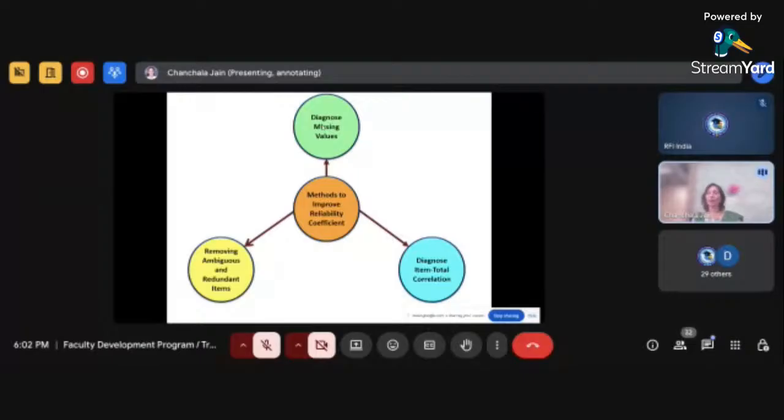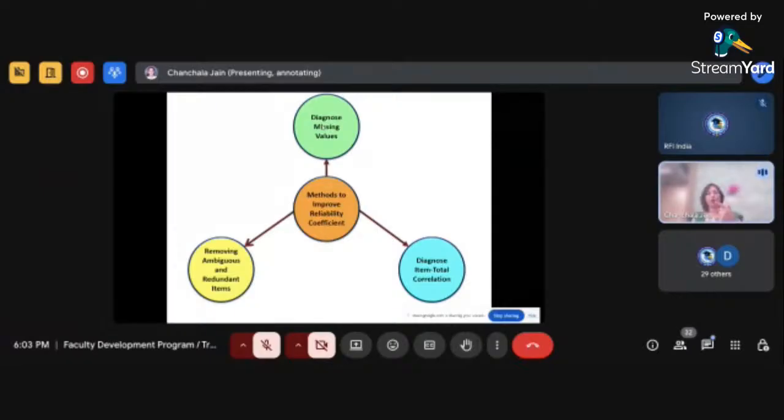Third is very important. You can do this using your Cronbach alpha output, right? You need to diagnose the item total correlation. Item total correlation is one of the outputs when you perform the Cronbach alpha process, when you are interested in reliability checking.